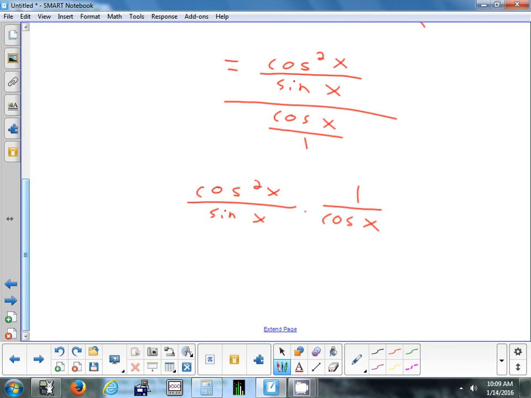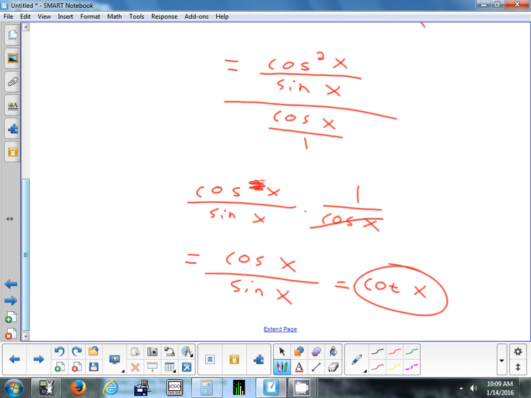So we have cosine squared over sine times 1 over cosine. Now I can cancel a cosine from the bottom and a cosine from the top. So I'm left with cosine over sine. And if we remember the quotient identities, or sometimes they're called tangent and cotangent identities, cosine divided by sine is cotangent. So that one simplifies very nicely to just a single trig identity.